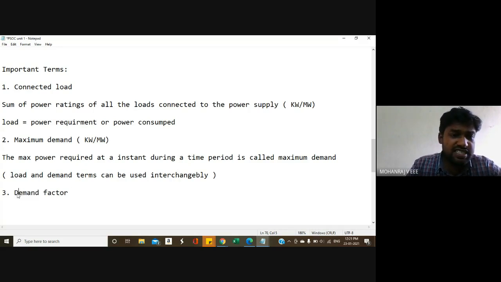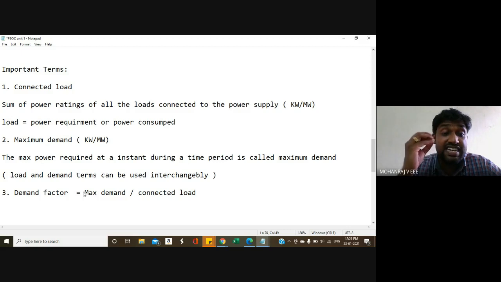So what is this term demand factor? Demand factor is the ratio of maximum demand to connected load.